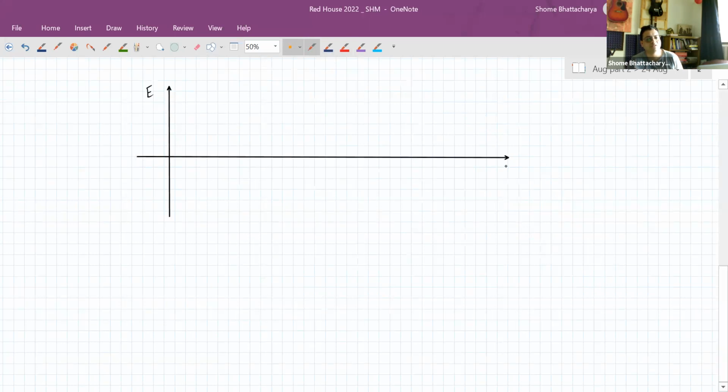on the basis of the energy versus time relation. So if you look at, say, the potential energy, let's say that's a sine square omega t plus phi term.